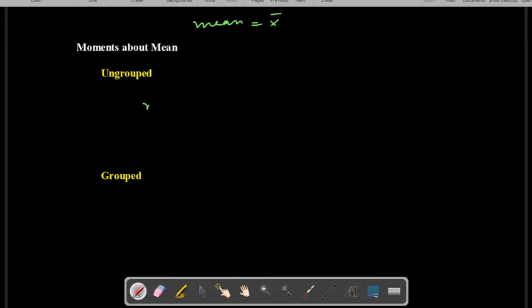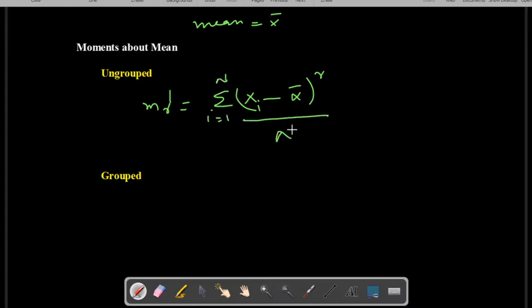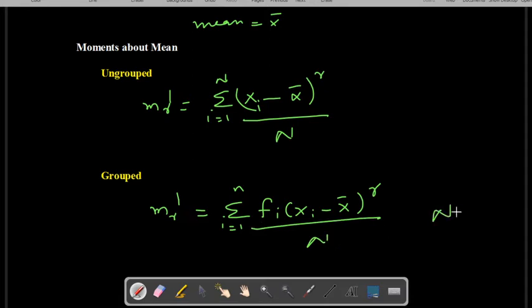So for ungrouped data, mr dash equal to sigma of xi minus x bar, whole raised to r for i equal to 1 to capital N, whole divided by capital N. And for grouped data, mr dash equal to sigma of fi into xi minus x bar, whole raised to r for i equal to 1 to n, whole divided by capital N, where capital N is equal to sigma fi.